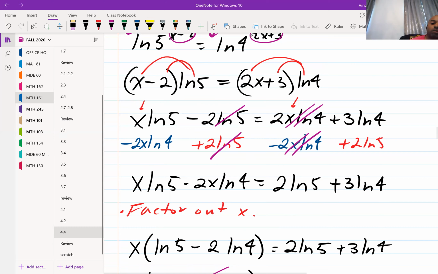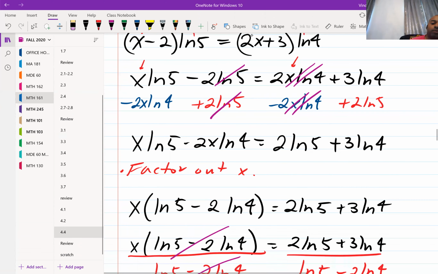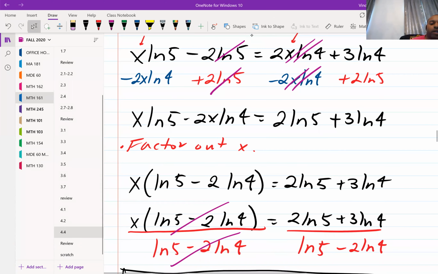And from there, divide that quantity to both sides: natural log of 5 minus 2 natural log of 4.